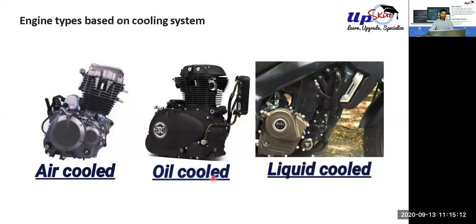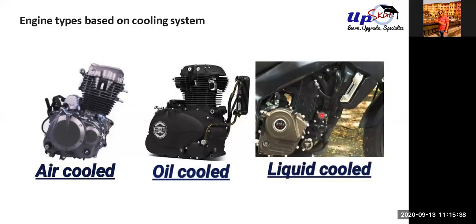The oil cooled engine is just an air cooled engine in which the lubricating oil is also being cooled. This is like a heat exchanger cooling the oil. Sometimes the heat exchanger will connect to a very small water radiator, and that radiator will cool this oil instead.